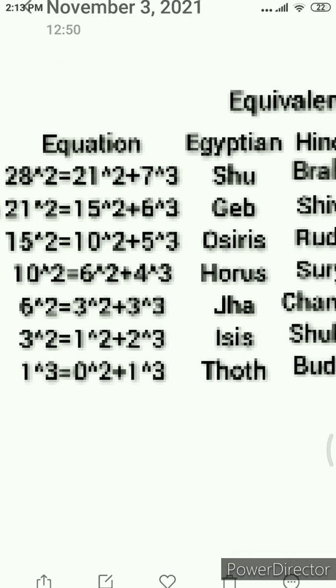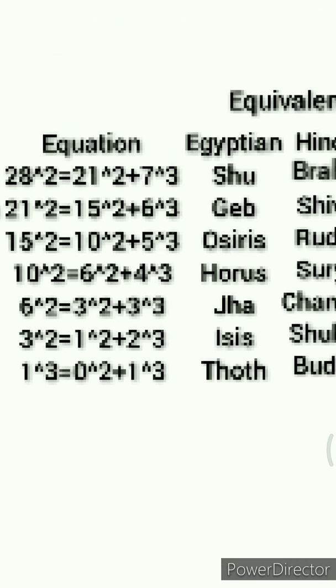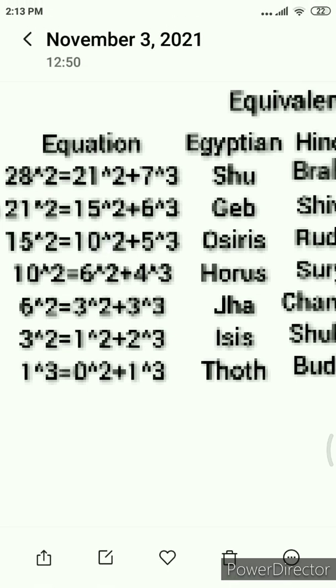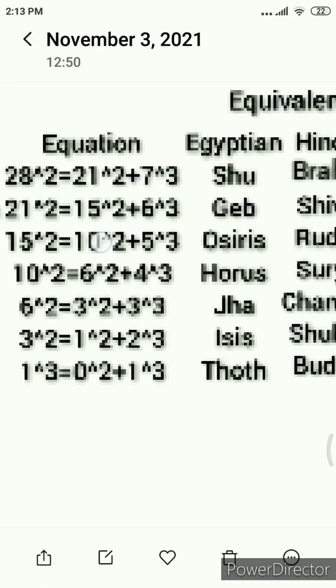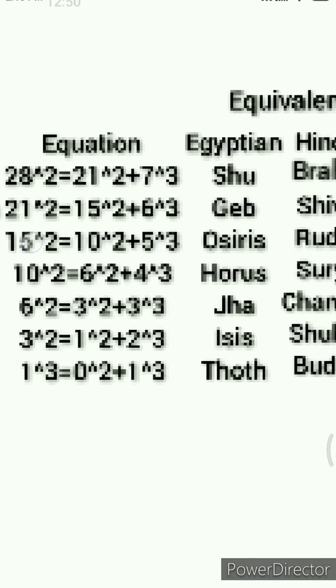So for every four good guys, there will be 5 bad guys. You can see the ratio is 4 to 5. There are only 4 good guys and 5 bad guys in 15 squared.